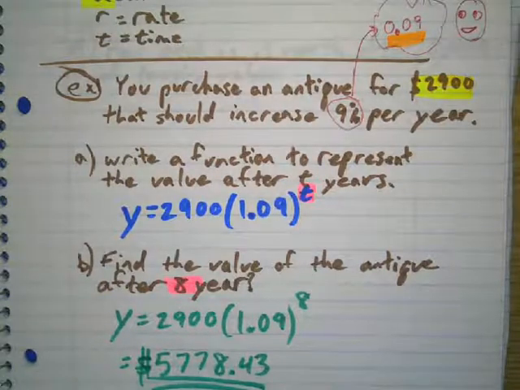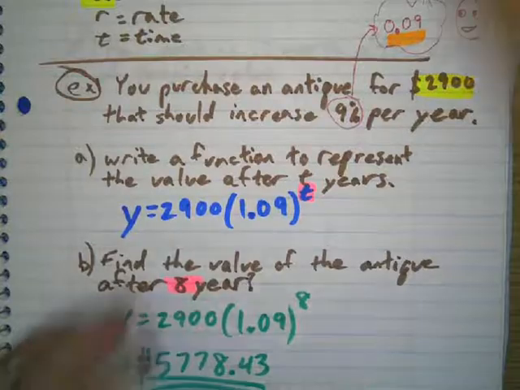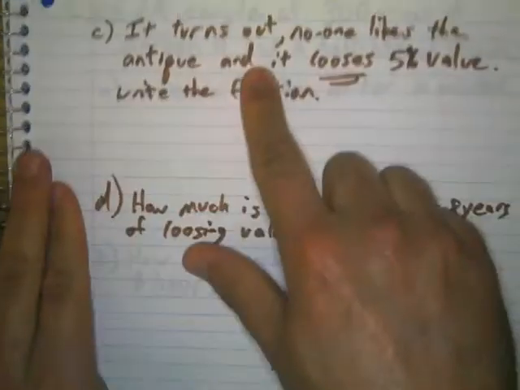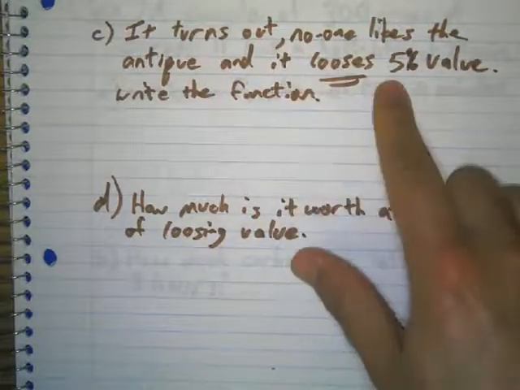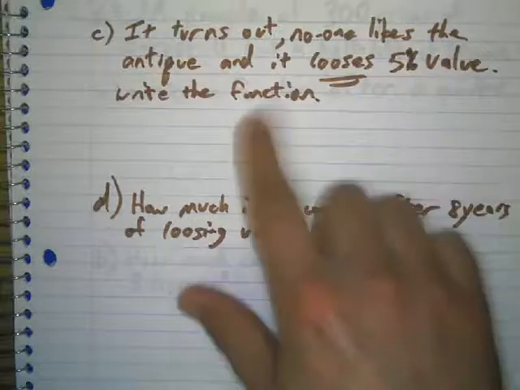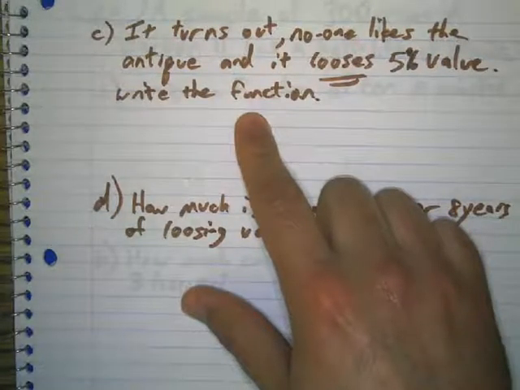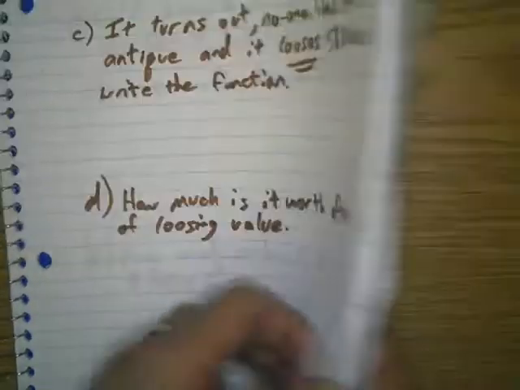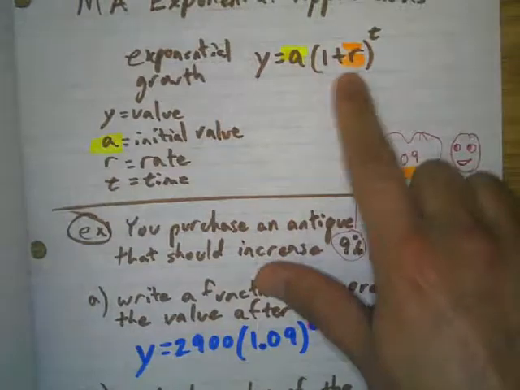Okay. Now, what happens if the problem changed? So it turns out that no one likes your antique, and instead of increasing in value, it's losing 5% value because they really don't like this antique. So if I'm looking at my previous example, if the antique is growing in price, we're adding a value.